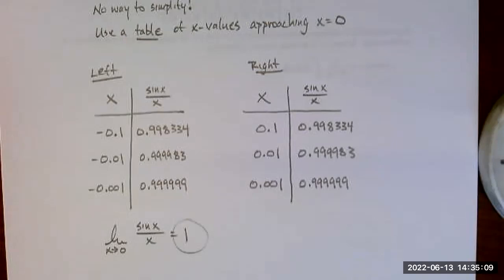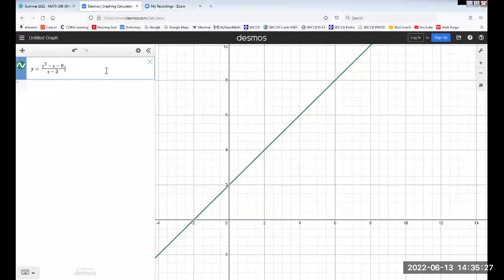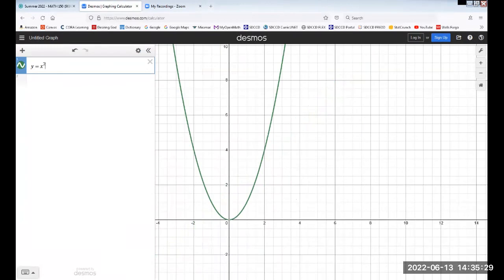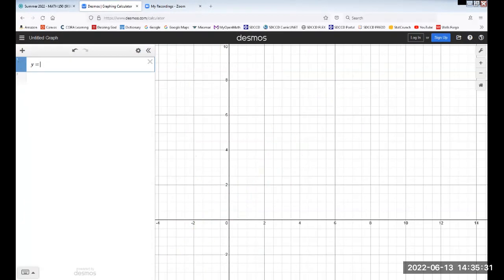You know what? I'd like to graph that thing. Let's graph it just to be sure. The sine of x over x.